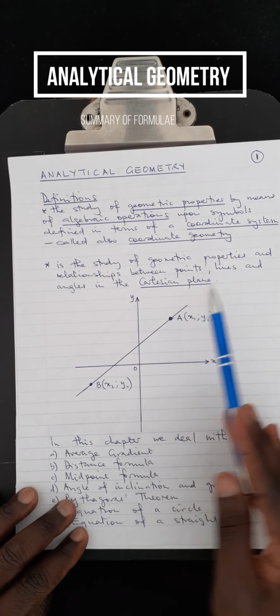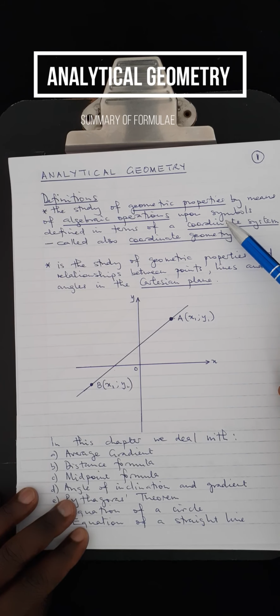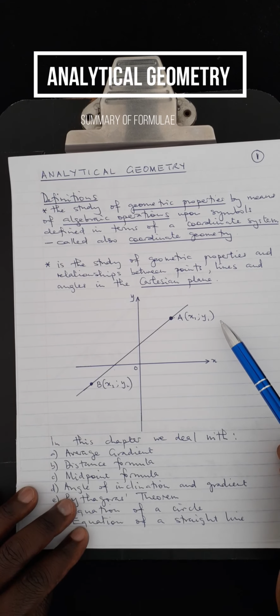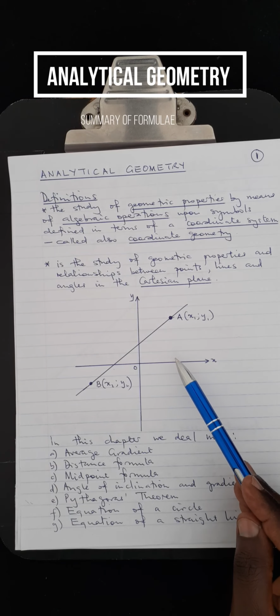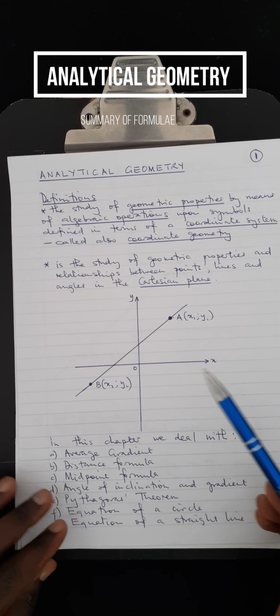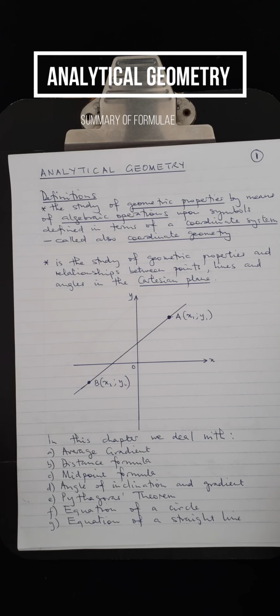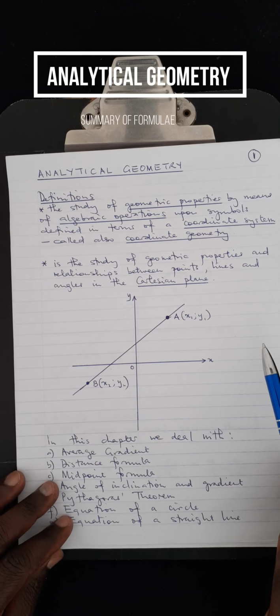What we see from these definitions is that analytical geometry is related to the coordinate system. The coordinate system is a method of identifying the location or the position of a point on the Earth.